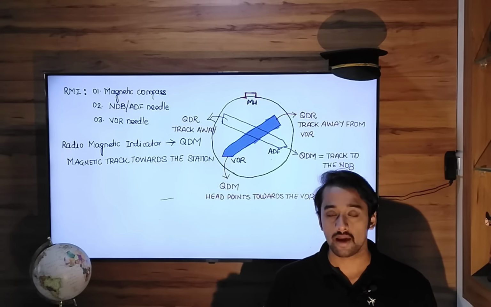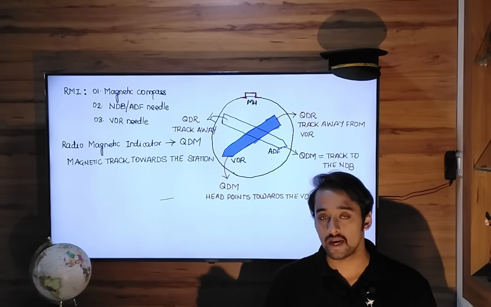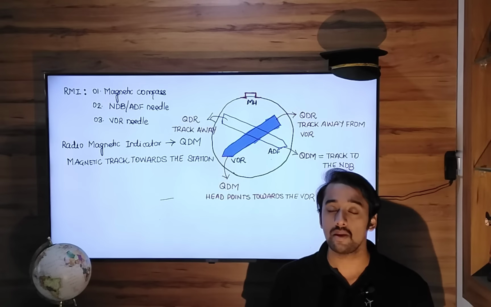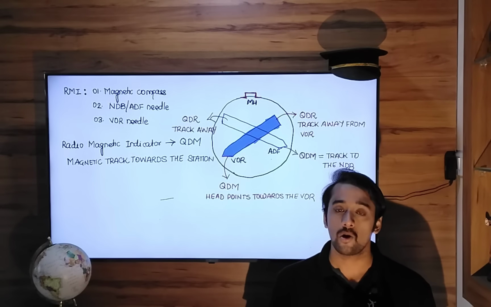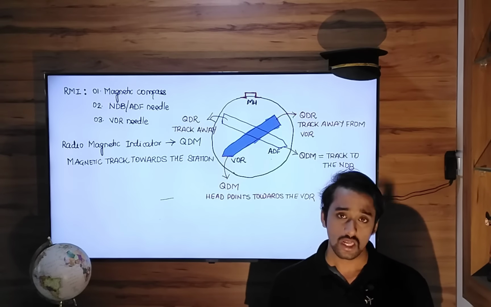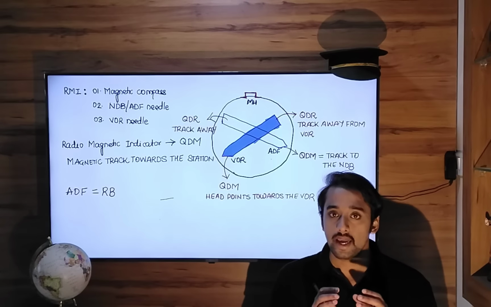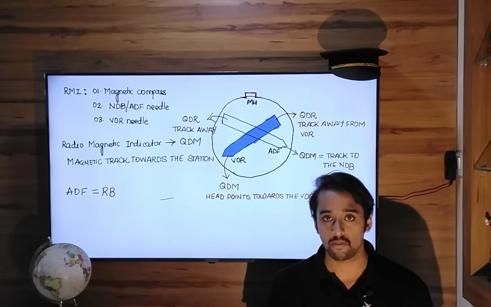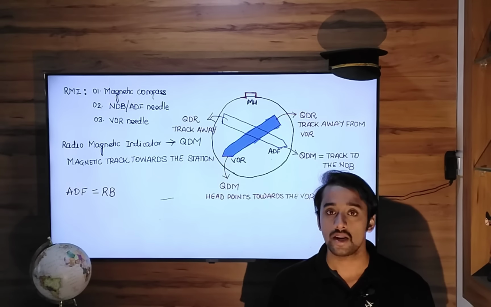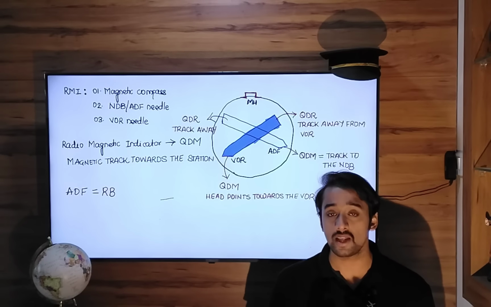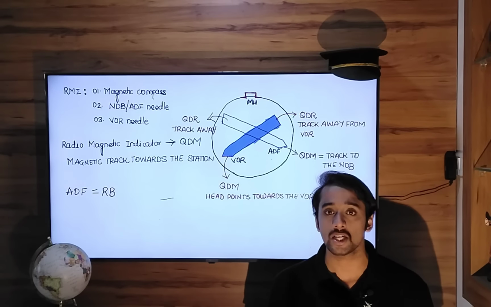So the RMI directly gives you a QDM indication. In case of NDB ADF sums, we are always used to associating the word ADF with relative bearing indication. The ADF, automatic direction finding equipment, directly gives you the relative bearing. The direction in which the needle of the automatic direction finder points is your relative bearing.